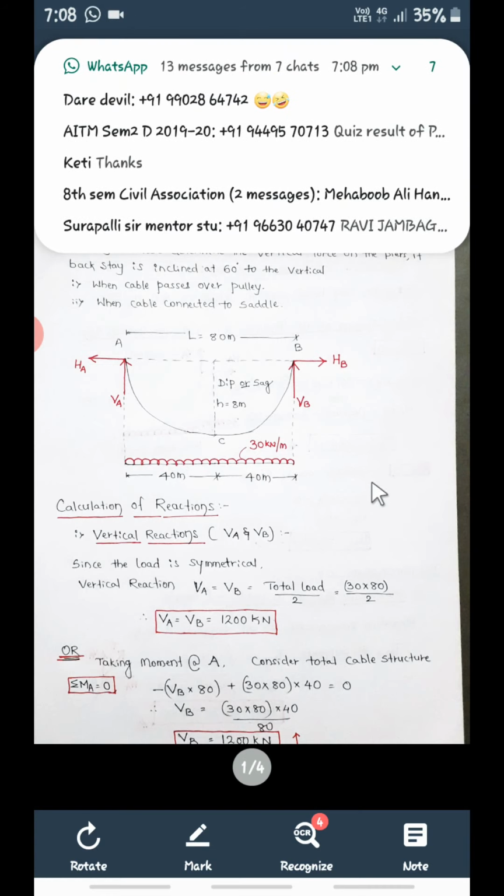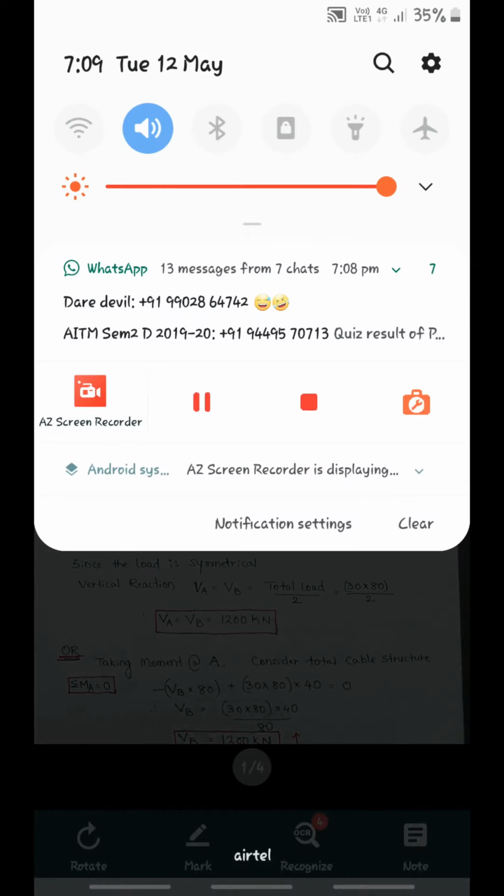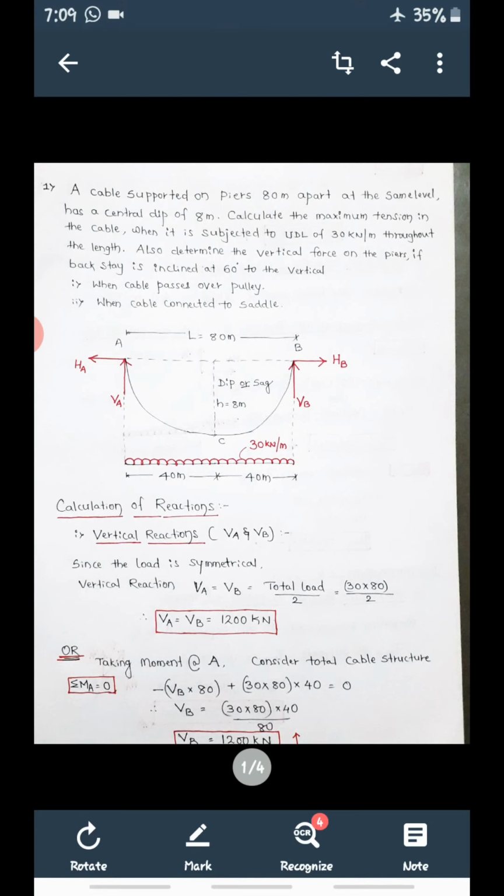So let us calculate the total load. Okay, now see here, what is the total load now? Total load is equal to this, convert this UDL into point load. What is the point load now? 30 into 80. Okay, 30 into 80 is the total vertical load.